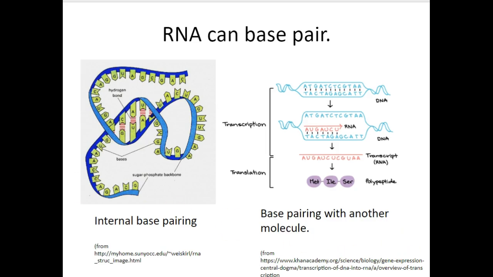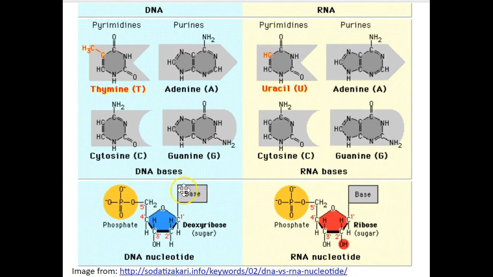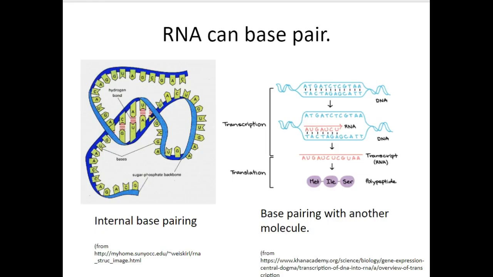RNA can base pair. Because we've got these nitrogenous bases, which love to form relationships with their partners, they base pair. That happens in DNA between complementary and antiparallel strands, but it also happens in RNA internally.